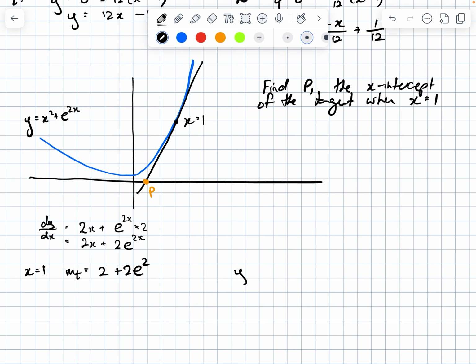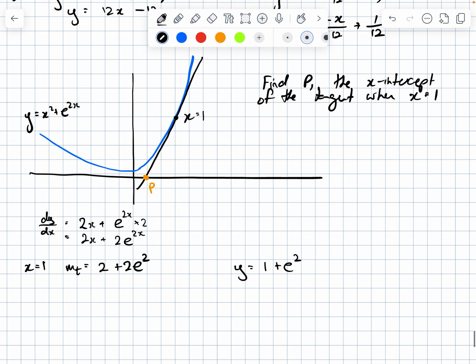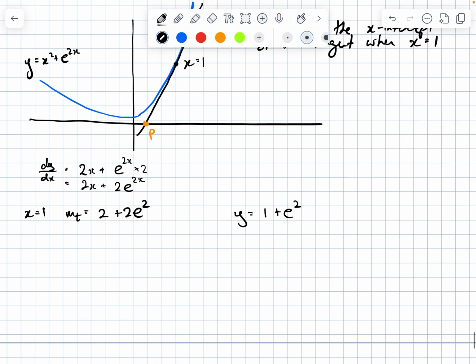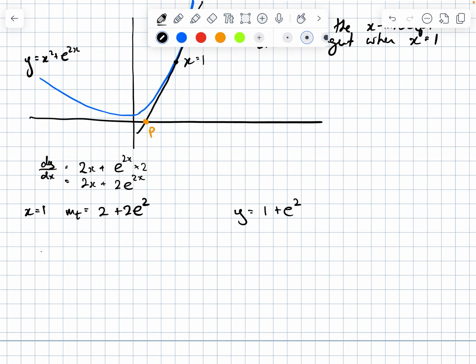And our y value, substitute x equals 1 into our original equation, we get 1 plus e to the power of 2. So our equation, y minus y1, which is 1 plus e to the power of 2, equals m, 2 plus 2 e to the power of 2, x minus x1, which is 1.